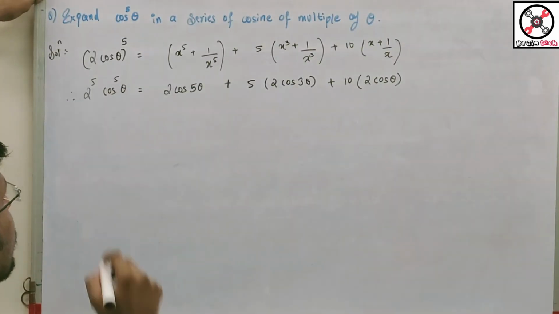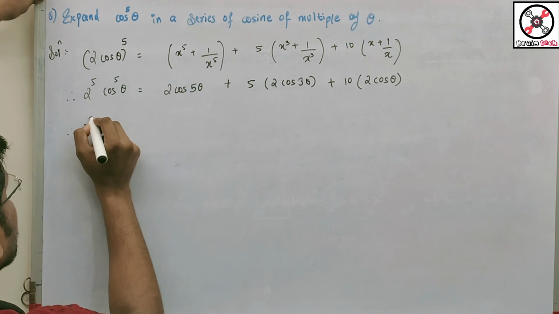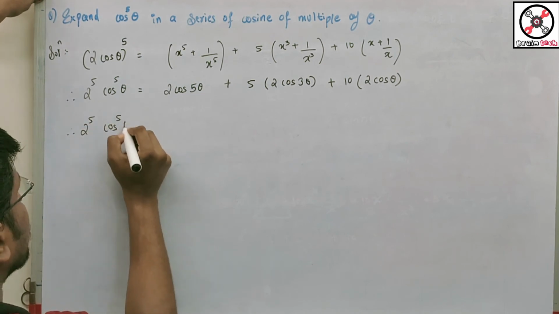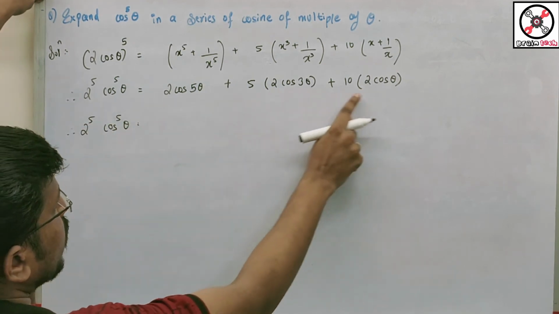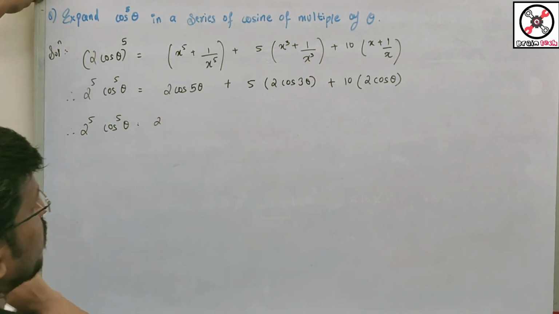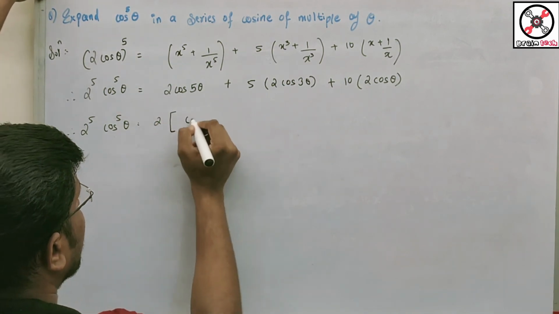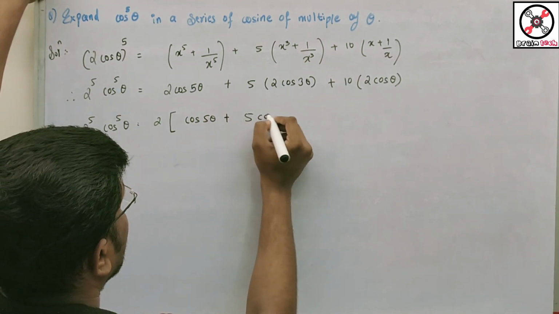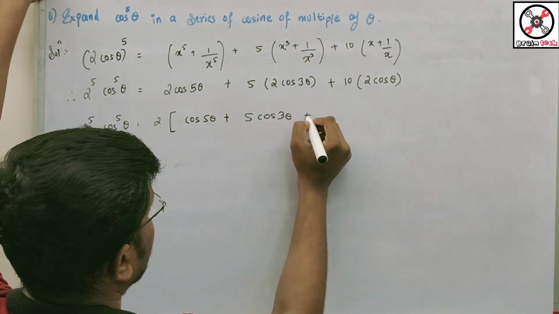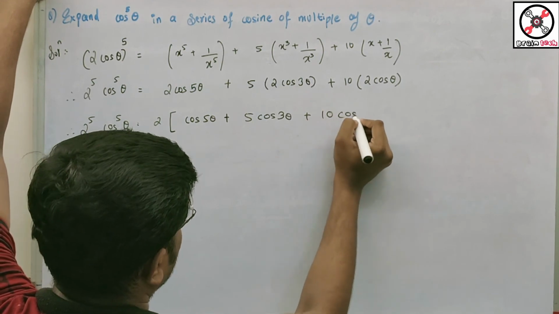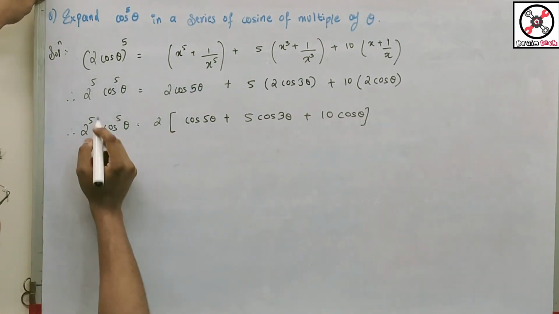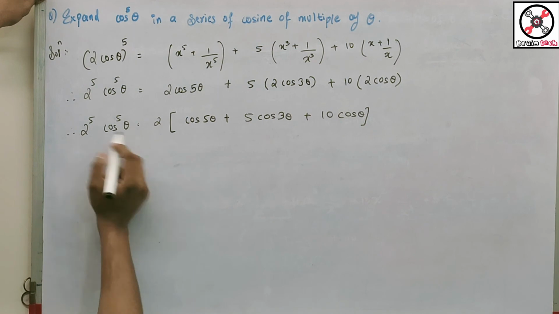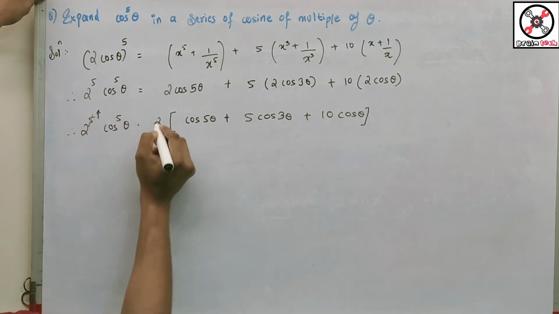Taking 2 common, the remaining is cos of 5 theta plus 5 cos of 3 theta plus 10 cos theta. Then we'll cancel 2 and 2, so here it will remain 2 raised to 4.